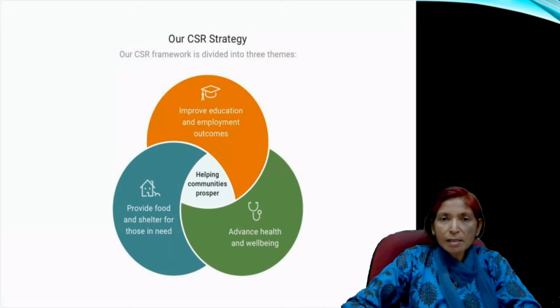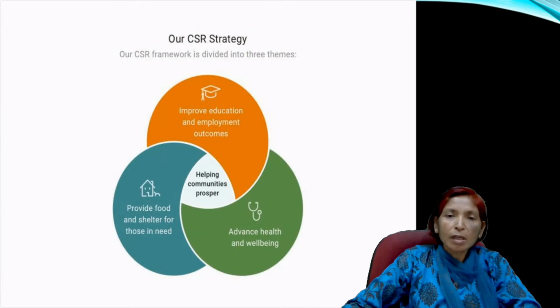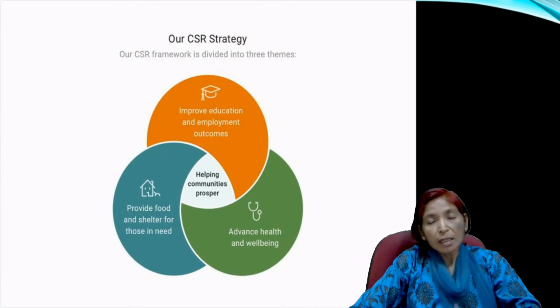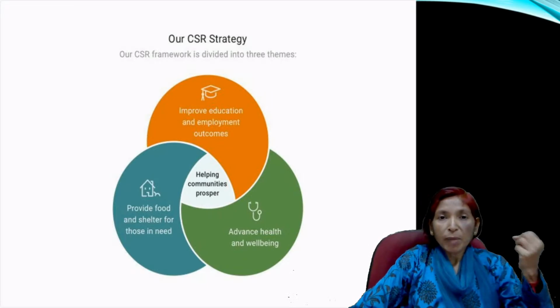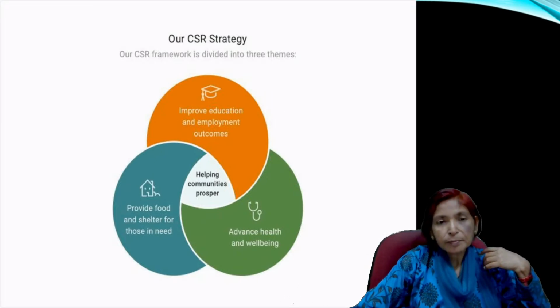So all these things are interrelated with each other, and this is necessary for the well-being of the whole community. So CSR includes all these three things, which is necessary for helping the whole community and to give prosperity and money, income or benefits to the whole community.